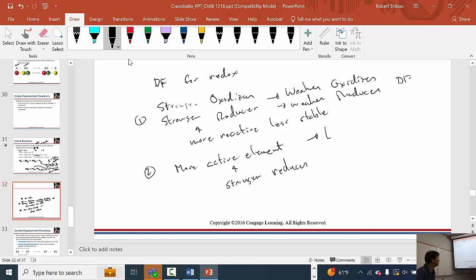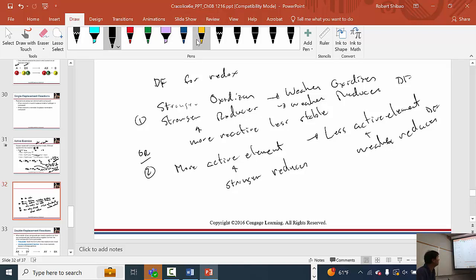Going to the less active element, the weaker reducer. So this is the driving force also. And so this is option 1 or 2.